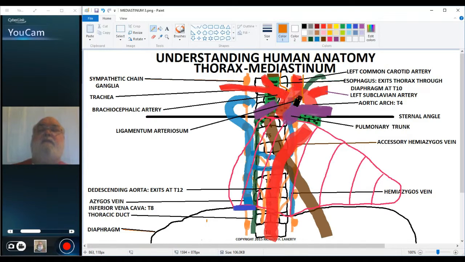This branch of the vagus is the left recurrent laryngeal nerve.